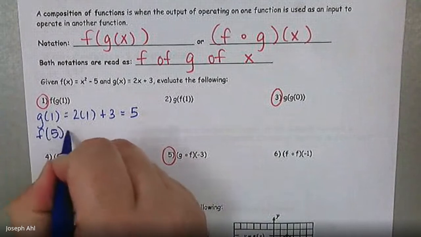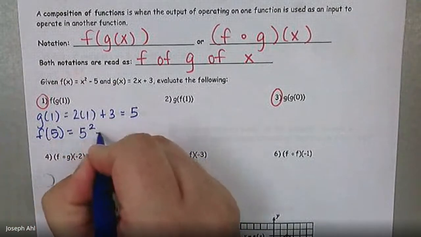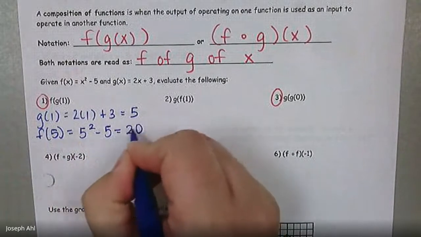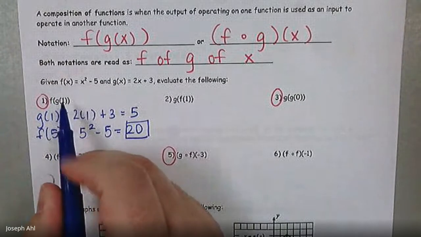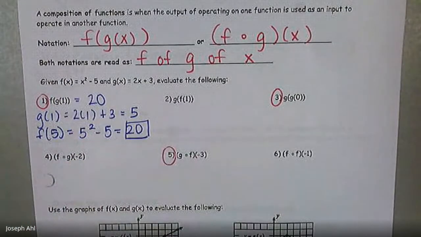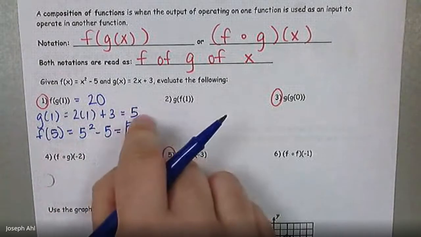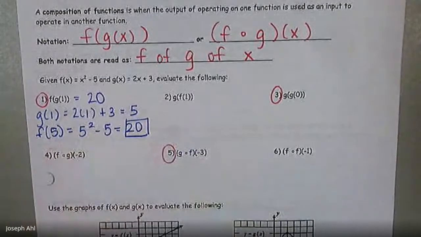So f of 5: 5 squared is 25, minus 5 from that is 20. So the total value for f of g of 1 would be 20. That would be the final answer there. You don't have to box in that midway answer that we got for g of 1. Make sure that you plug that into the outside function and get your final answer.